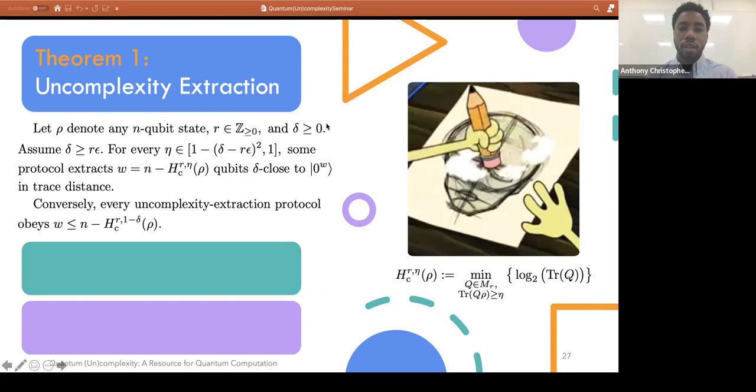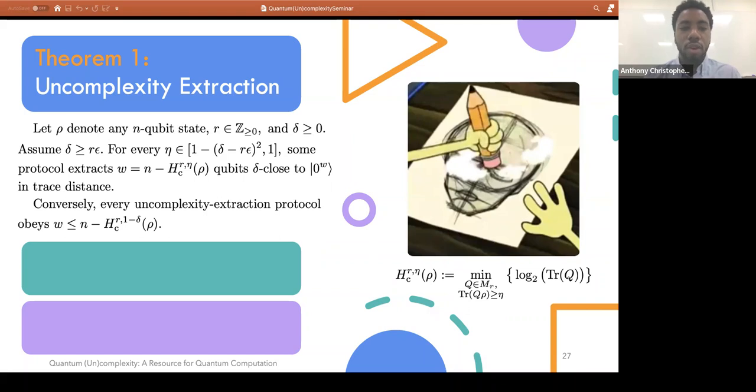So the first is the theorem for uncomplexity extraction. Going with the protocol before, we have some n-qubit state rho, an R number of gates, and some parameter delta to quantify the success of our task. If we assume that delta is at least R times epsilon, then, there's a little bit of a technical part, for a certain range of eta, we know that some protocol will extract n minus the complexity entropy number of qubits.